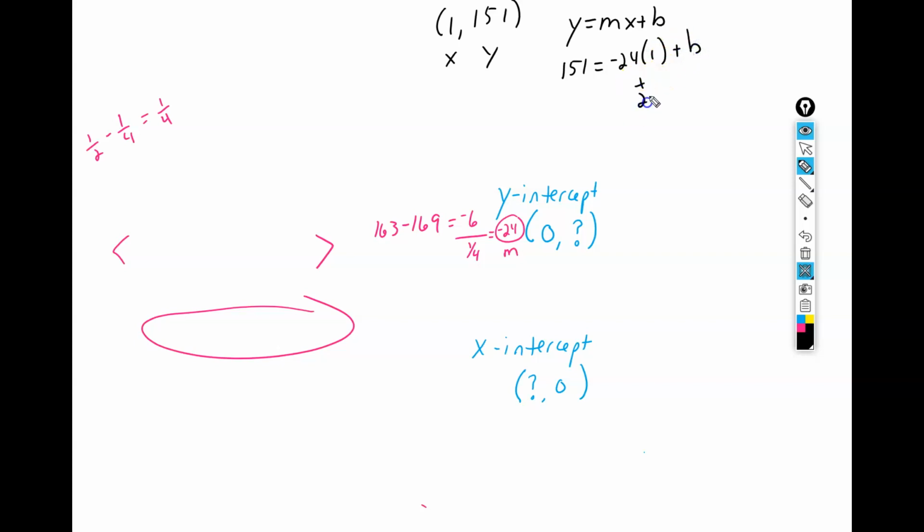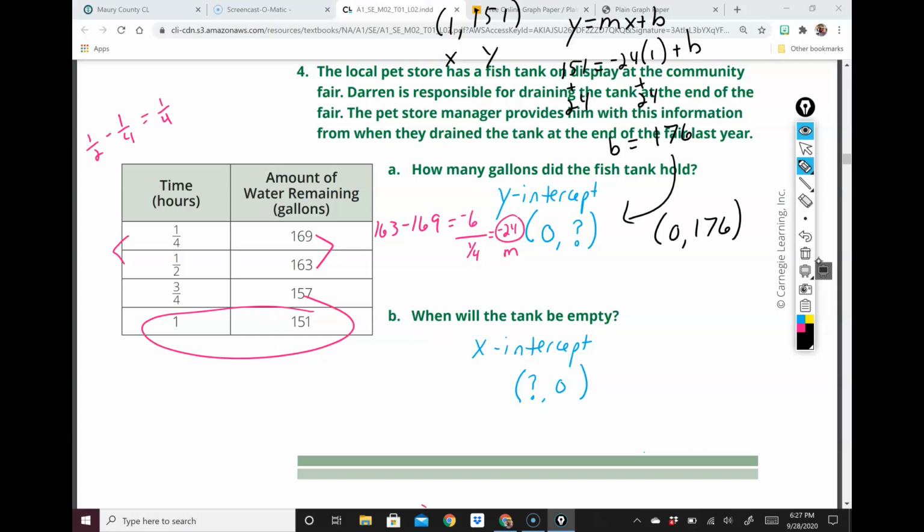So I'm going to add 24 to both sides. 151 plus 24 gives me 176. So that's going to be my y-intercept. And that y-intercept, remember, is how many gallons did the fish tank hold? So 176 gallons.